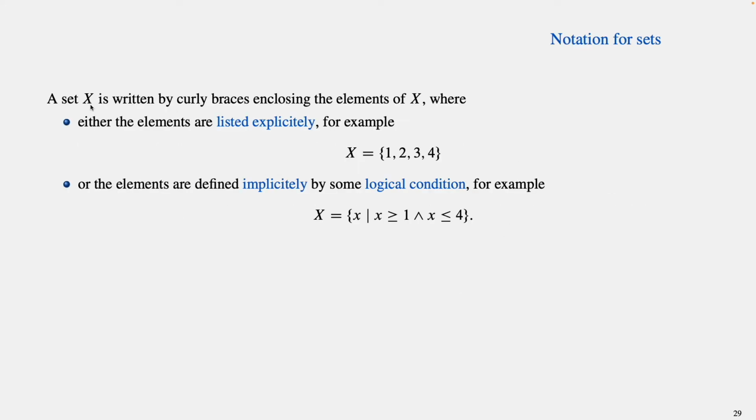So if X denotes a certain set, then we can write it explicitly by using curly braces enclosing the elements of X, where we can either list the elements explicitly, such as here, X equals {1, 2, 3, 4}, or we can write it through logical expressions by saying that X contains all the x which satisfy the condition behind this bar, so which satisfy the condition x being greater or equal to 1 and x being less or equal than 4.